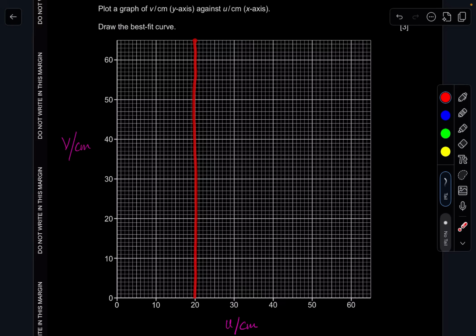Each box is showing 1. So it will be somewhere at this point. This coordinate is basically 20 and 60.5 that we have drawn. Okay.